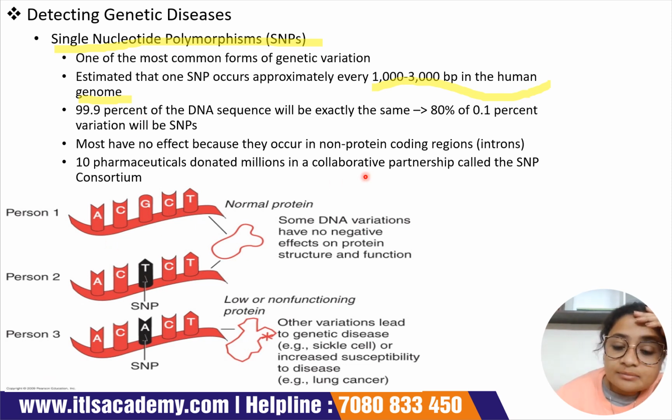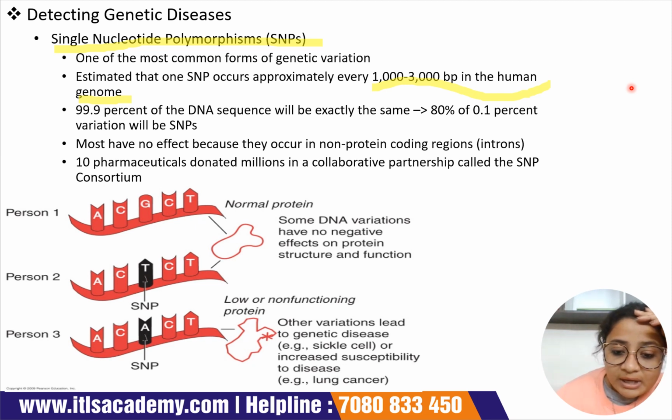Also 99% of the DNA sequence that we have will be exactly the same. Of the 0.1% variation, 80% will be SNPs, single nucleotide polymorphism.